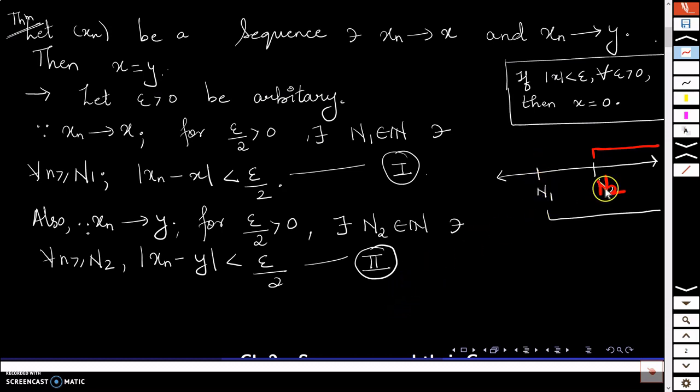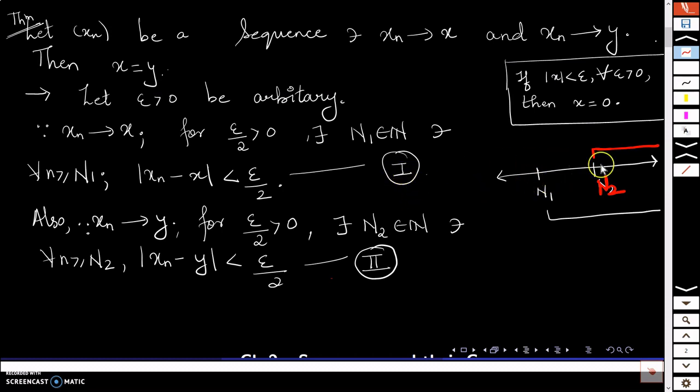So out of this n1 and n2, which one will I pick in such a way that both the conditions are working for that natural number? Can you think for a while? n2 works for all these numbers where I marked red, but it does not work for the numbers here between n1 and n2.